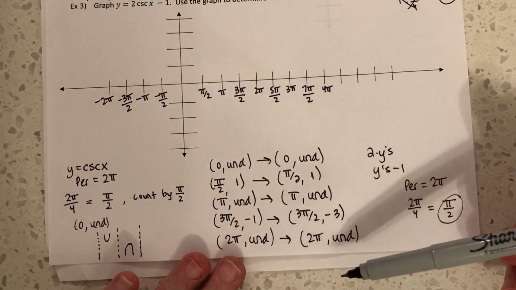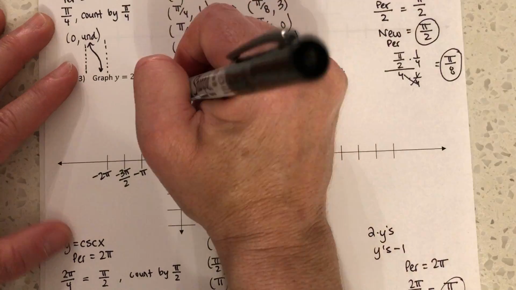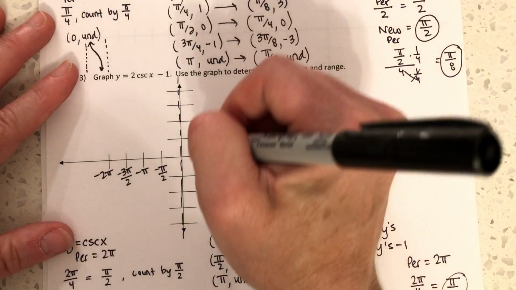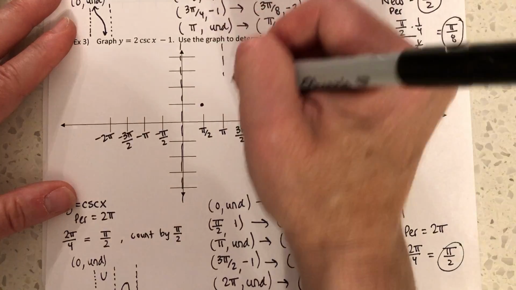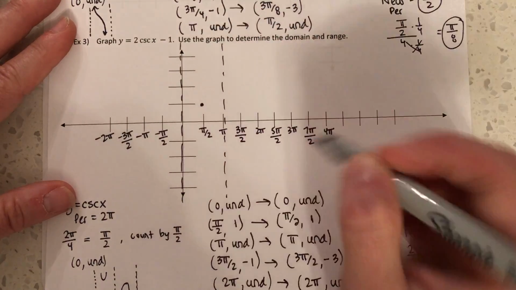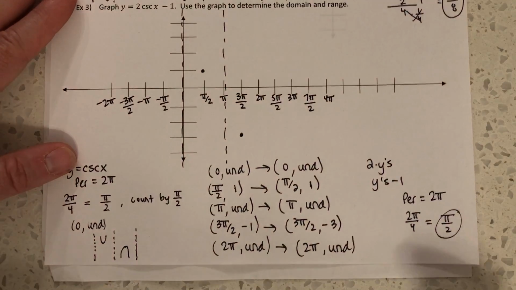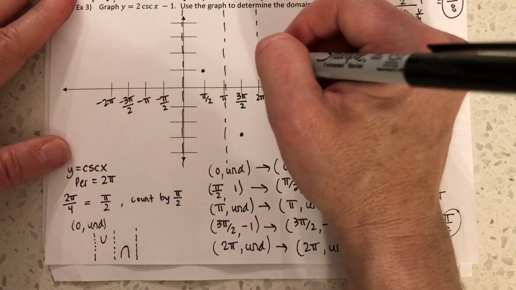And these are your new points on your transformed graph. So we have 0 undefined, pi over 2, 1, pi undefined, 3 pi over 2, -3, because of that vertical stretch and that shift, and then 2 pi undefined.